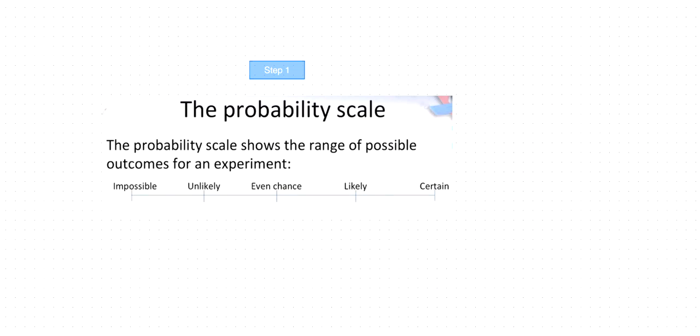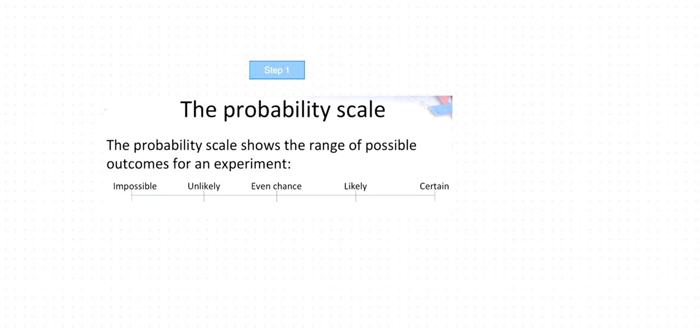Now, a probability scale is a simple way of showing probabilities. They may not look great, but they certainly convey incredible ideas. The scales always go from impossible to certain.